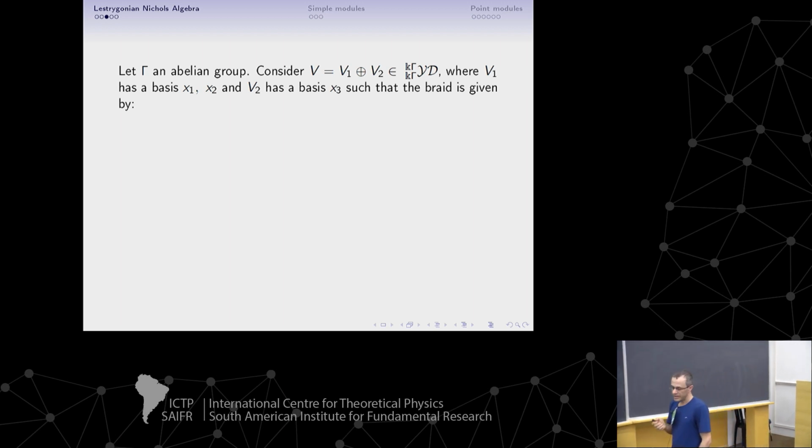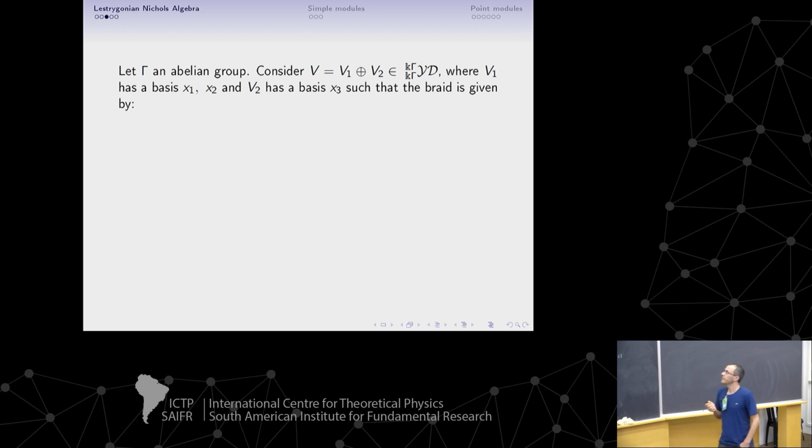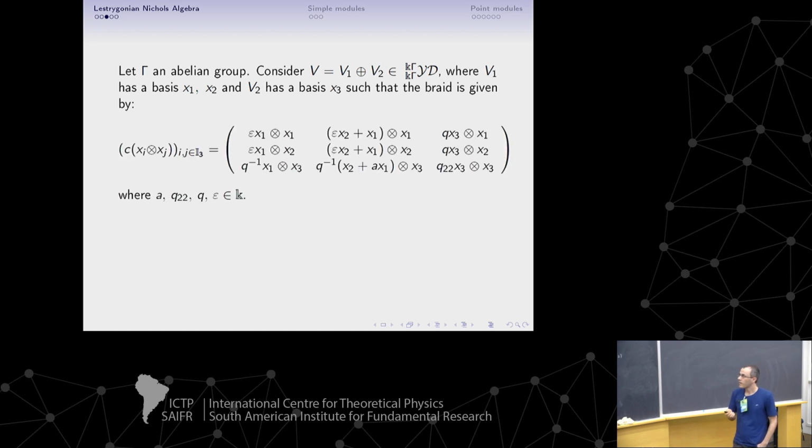Consider V a braided vector space that is a block and a point. V1 is a block, a vector space of dimension 2, and V2 is a point. This matrix, Nicolas also talked about yesterday.